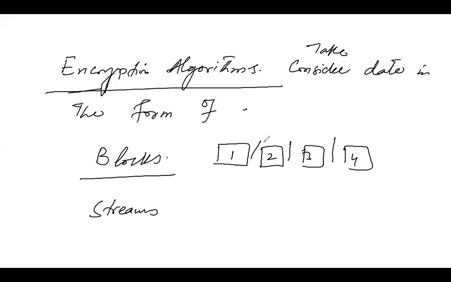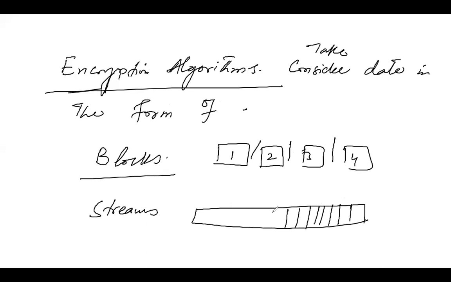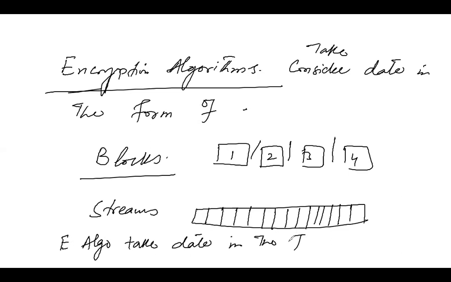And look at this, we also have a space. And in this, it considers it as a stream of data. So you should also know that an encryption algorithm takes data in the form of block or stream.